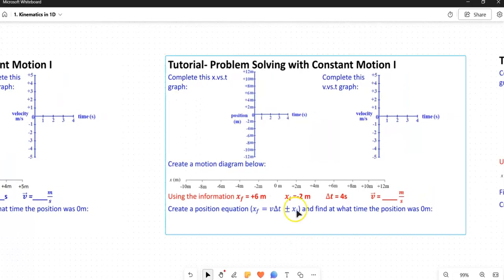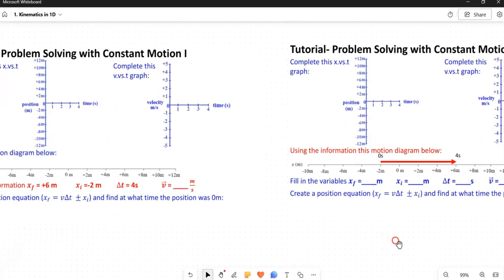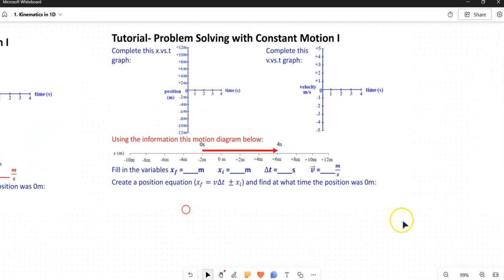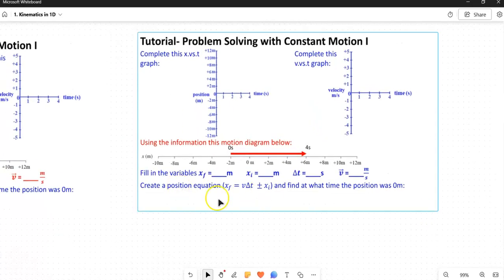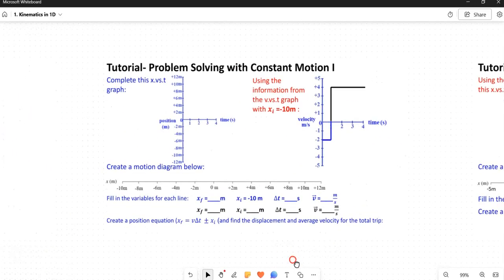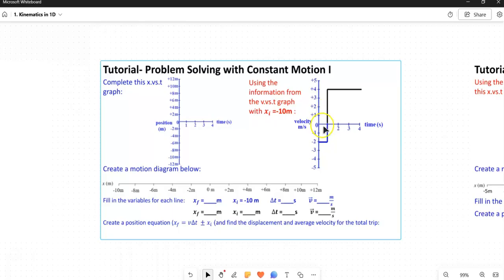In some cases, you'll just be given the numbers. And in some cases, you'll be given information on the motion diagram. And sometimes you'll actually be starting with an equation that you're given, and you have to create the other stuff. So whatever you start with, you have to create all the other things.